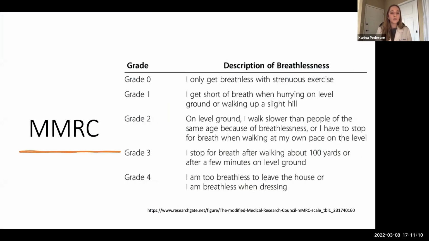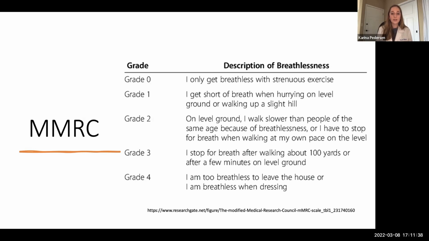So mMRC is, like I said, the grading scale of your shortness of breath. A grade 0 means that you only get breathless when you're exercising really hard, like running on the treadmill or doing an intense workout. A grade 1 score is that you get short of breath when hurrying on level ground or walking up a slight hill.